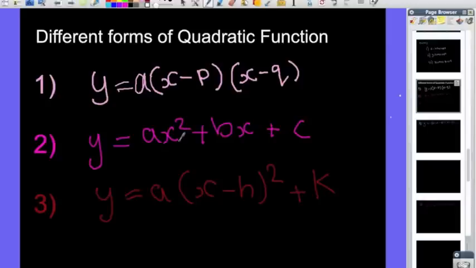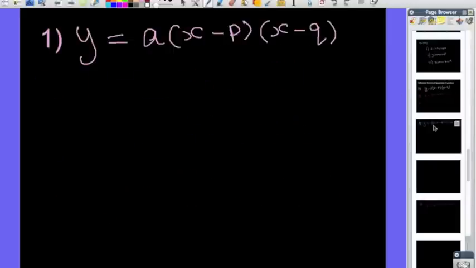So the first thing we should look at is the first form, which is y equals a times (x minus p) times (x minus q). In this case, p and q are real numbers.